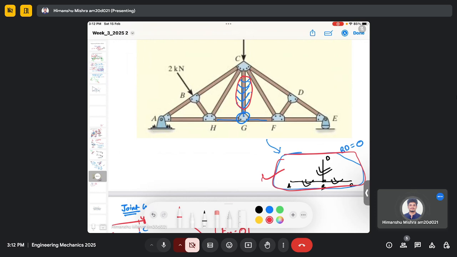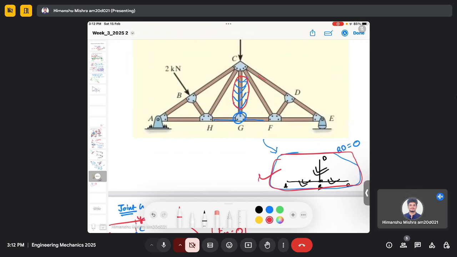Then from the figure we can actually guess that this system CD and DE and FD again has a similar configuration. You can see here CD and DE, and there is a normal member FD. So we can again predict the same thing, that the force in this FD should be 0.